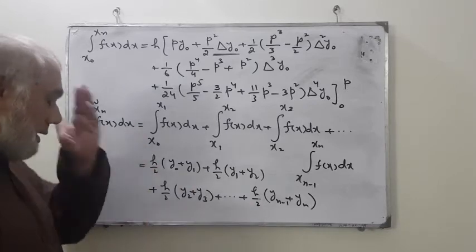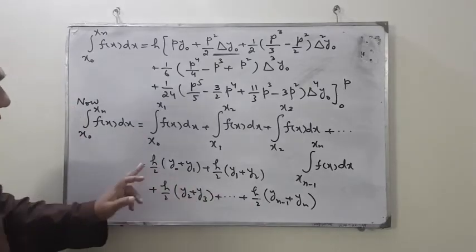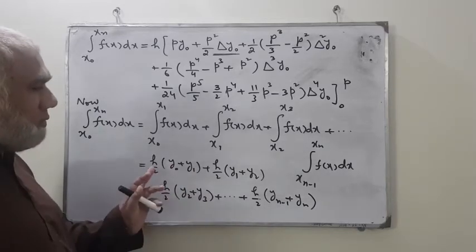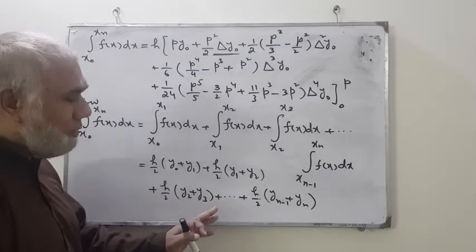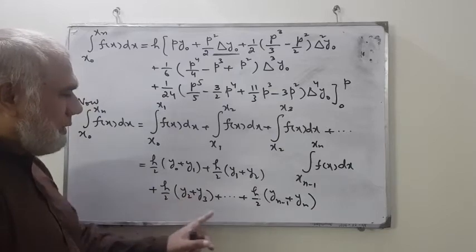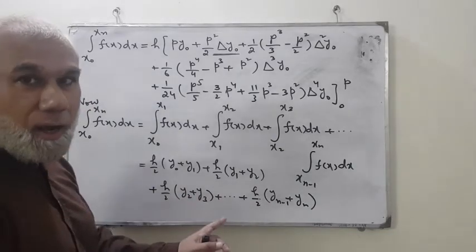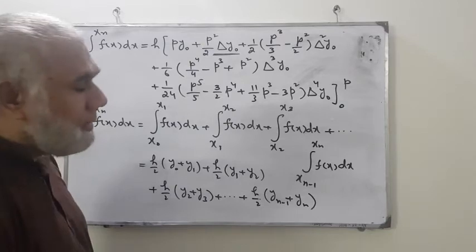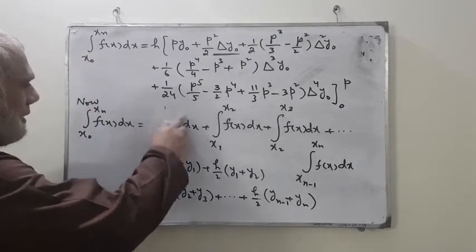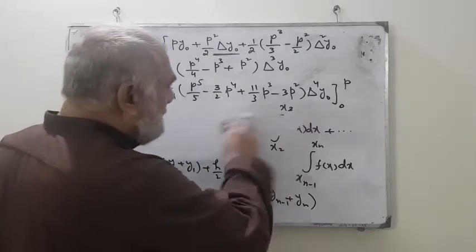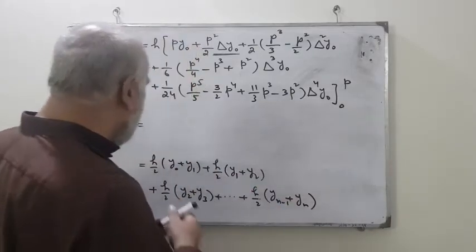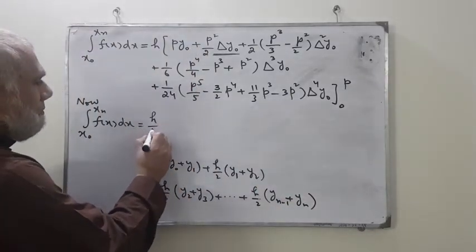Out of these n intervals, we can take out h/2 as a common factor. And further, if you look at it carefully, you will come to know that except the first term and the last term, all the terms in between are appearing twice. So we can write them as a multiple of 2. So here let me erase this and simplify the final result for the trapezoidal rule in the form of h/2.